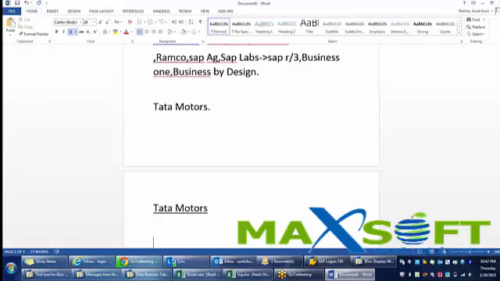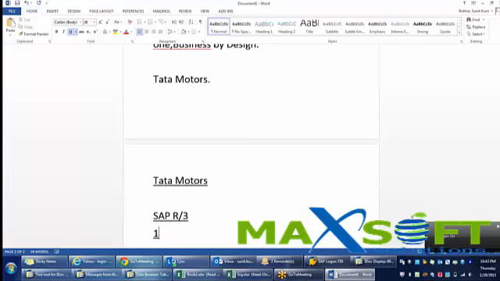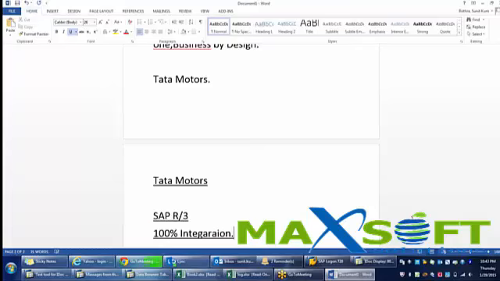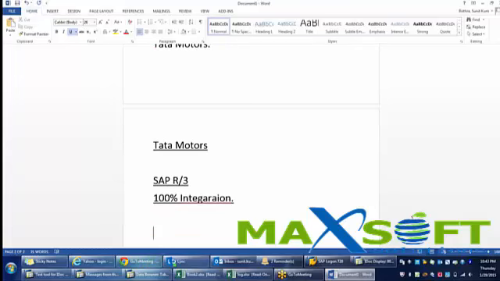Only then will that ERP be the best ERP in the market. And SAP R/3 is the only software in the market which gives almost 100% integration compared to any other ERP software in the market.